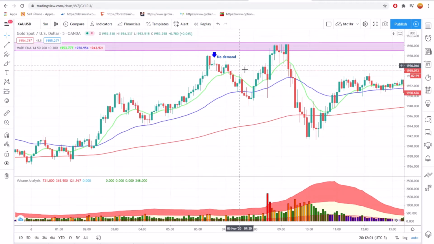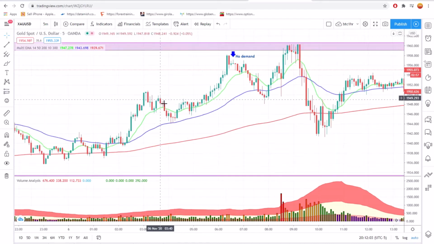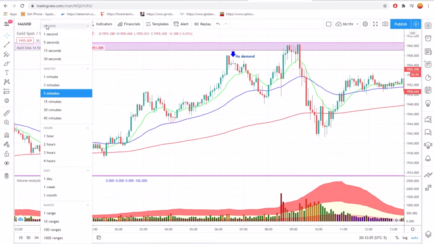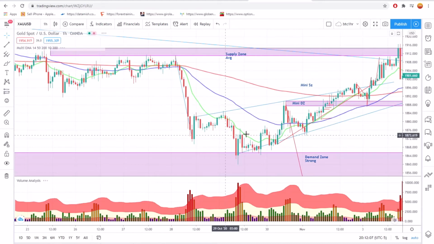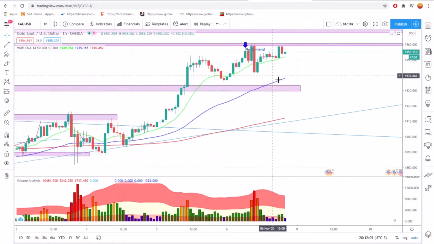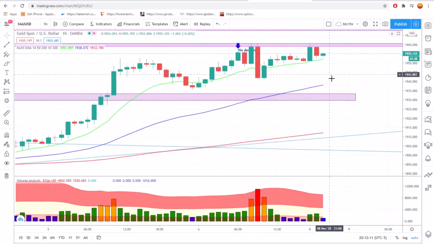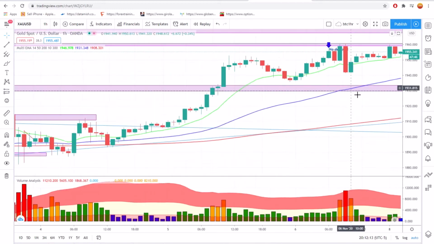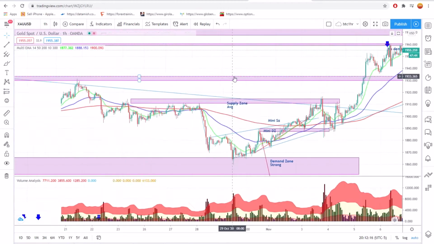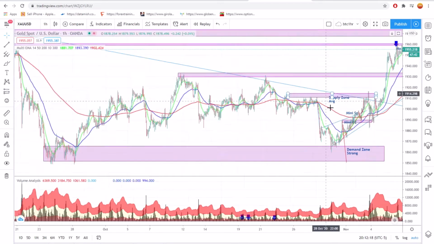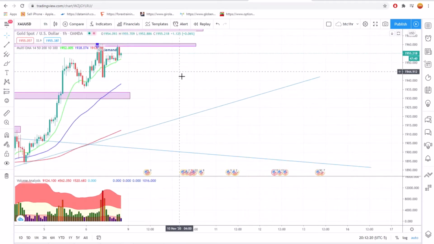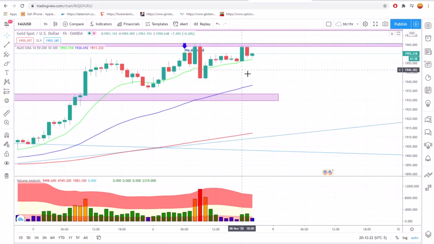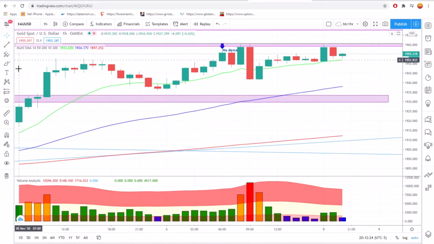So let's see, for example, on the 1 hour first, let's look at what it is. Let's say you're in the trade, you were looking for a short in this area because of this supply zone. We came here, and basically this is what we had.